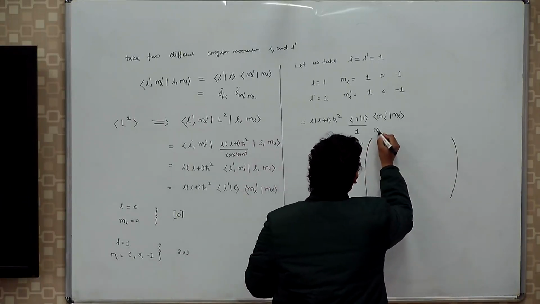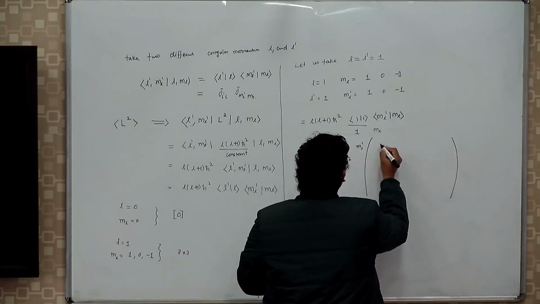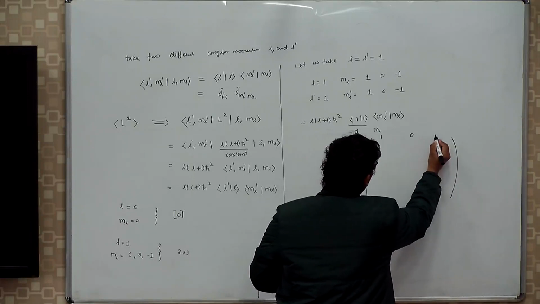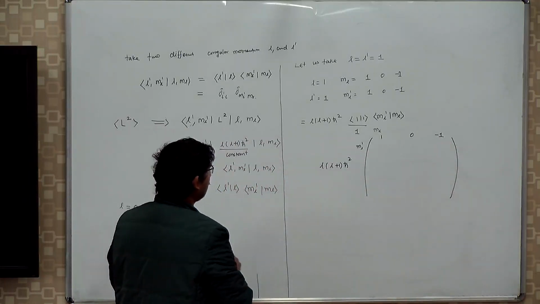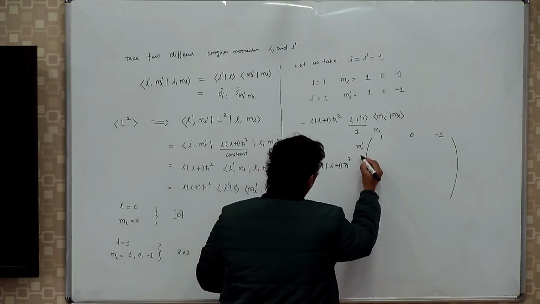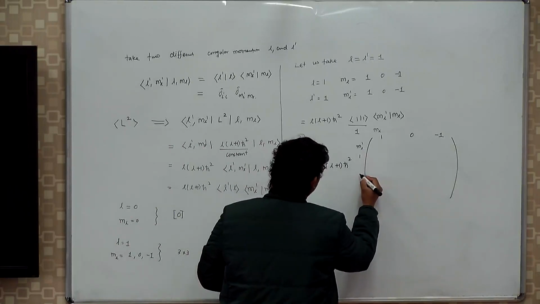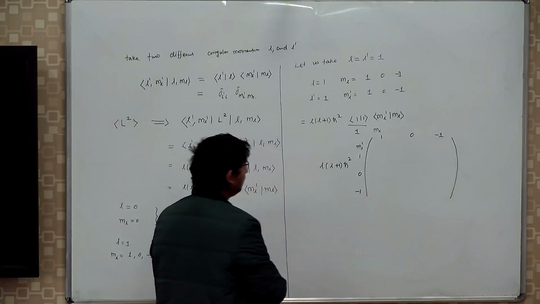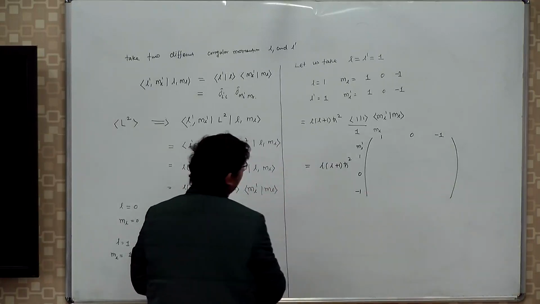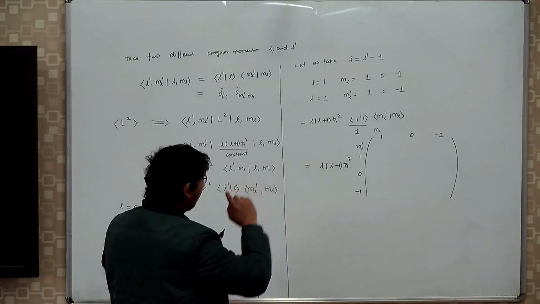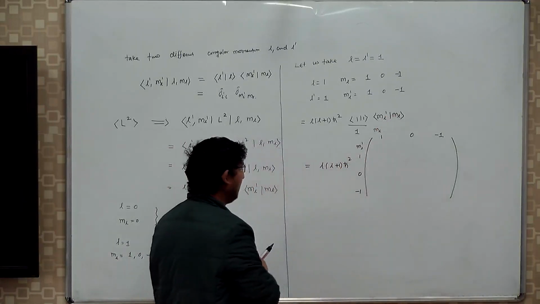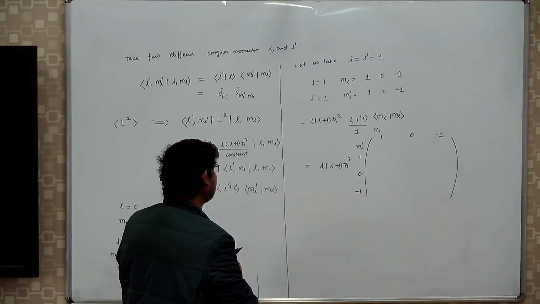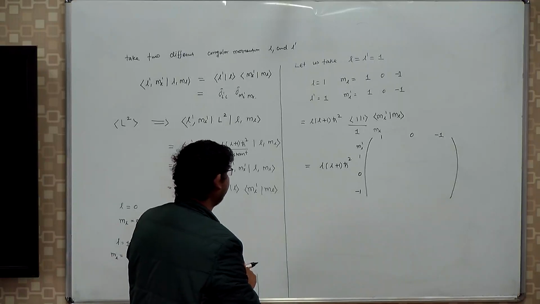Write the possible values of M L in rows: 1, 0, minus 1, and all the possible values of M L dash in columns: 1, 0, minus 1. Now the inner product takes place between different values of M L dash and M L to construct the 3 by 3 matrix for L equal to L dash equal to 1.